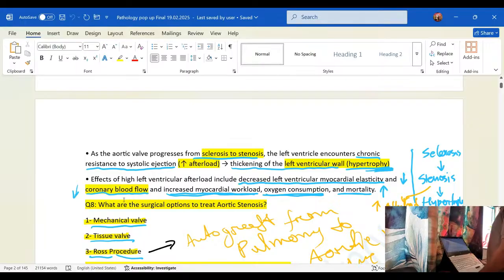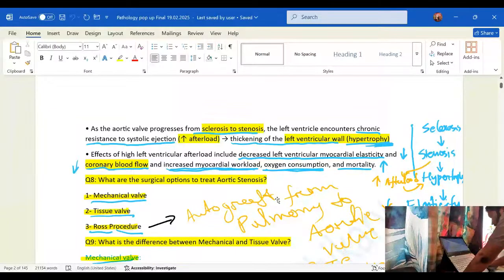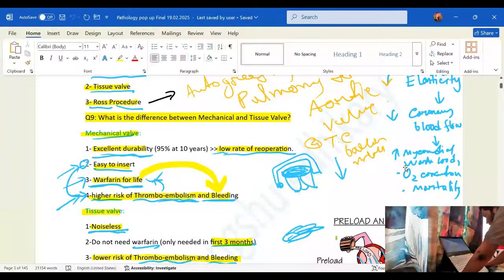The high left ventricular afterload will decrease left ventricular myocardial elasticity and coronary blood flow, and increase myocardial workload, oxygen consumption, and mortality.